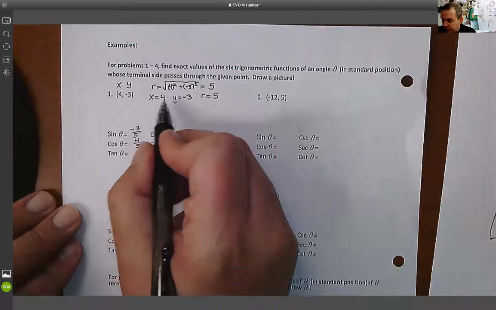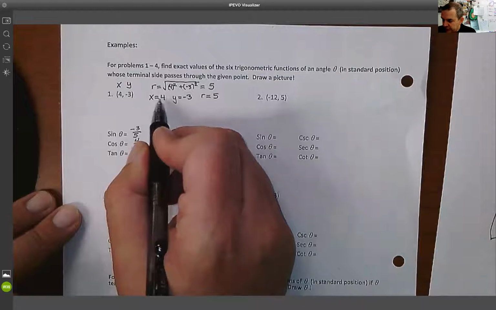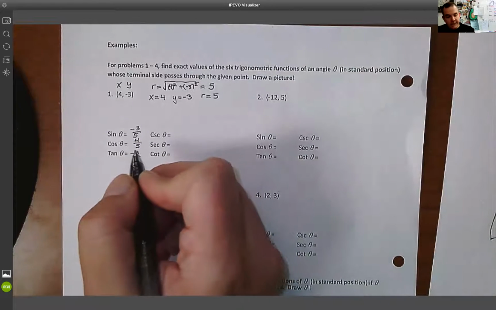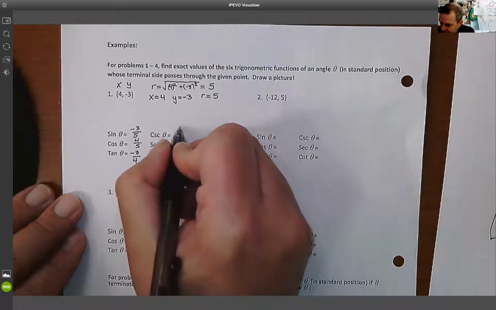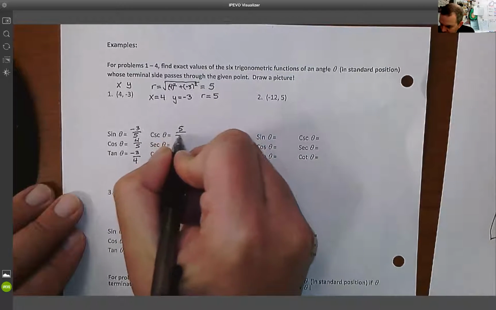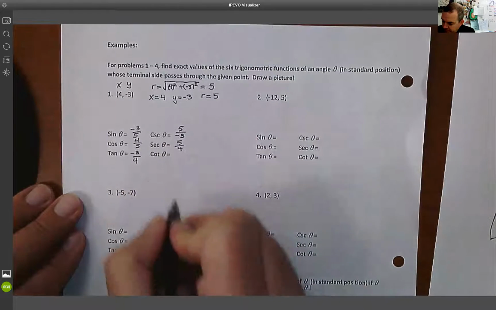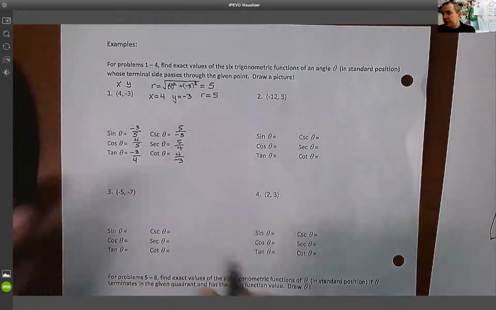In this case, it's y over x, so it's going to be -3 over 4. And then cosecant, remember, it's just the inverse. So this is going to be 5 over -3. This is going to be 5 over 4. This is going to be 4 over -3. So that's how we do that with that one.